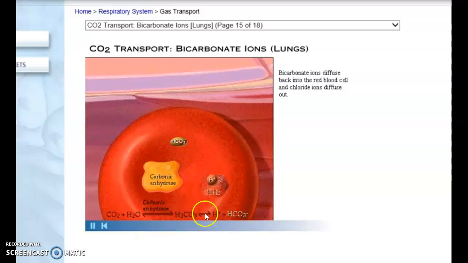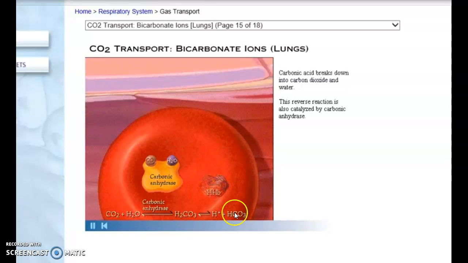So this proton can join back with the bicarbonate ion to become carbonic acid again. Once this gives up the proton, it joins, forms carbonic acid, then carbonic acid is broken down into the water and the carbon dioxide. The water, of course, is going to stay in the cell, since cells are mostly water. The carbon dioxide then will leave and be exhaled.